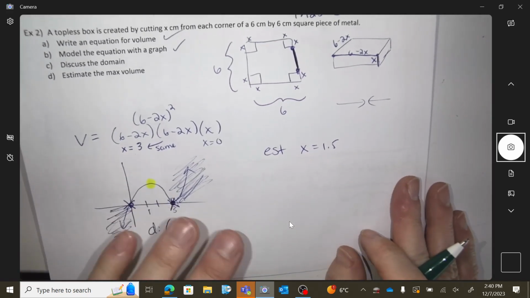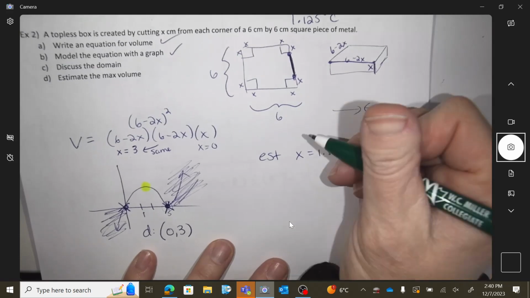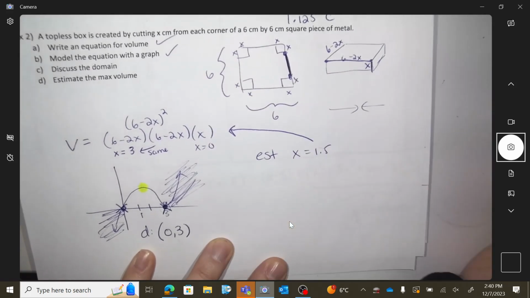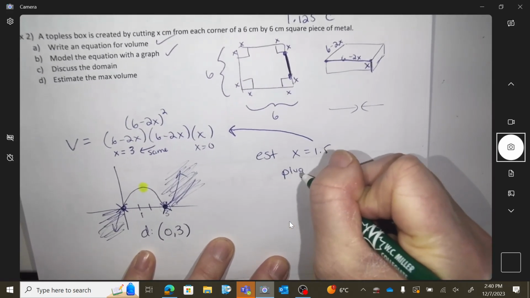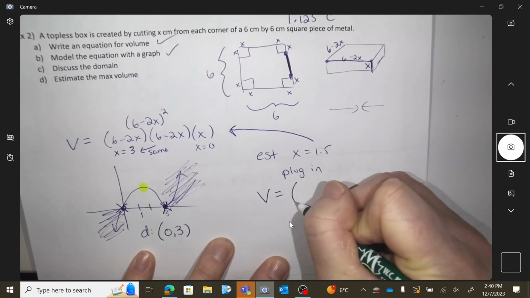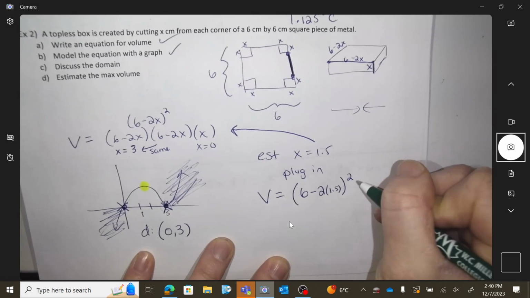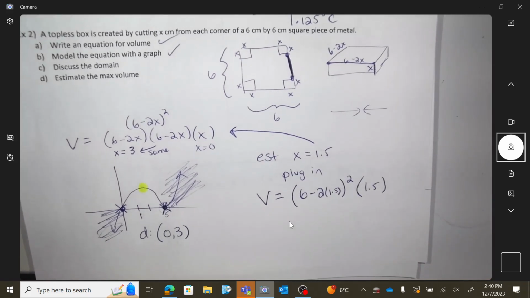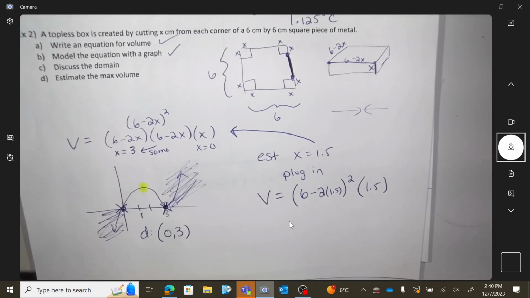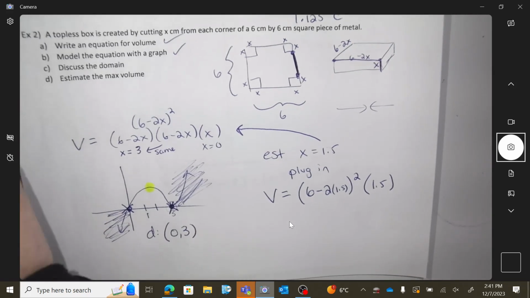So what am I going to do if I'm going to use an x value of 1.5? Plug it in. Okay, so it's an estimate. It's not actually going to be the exact.